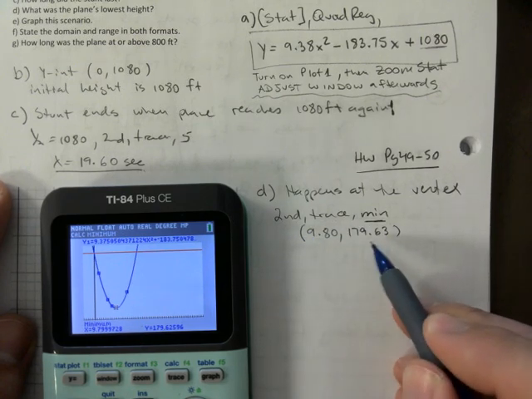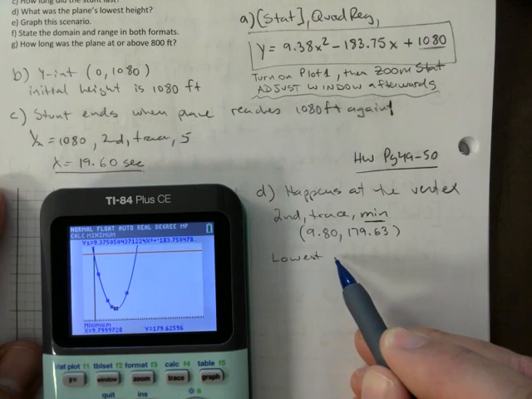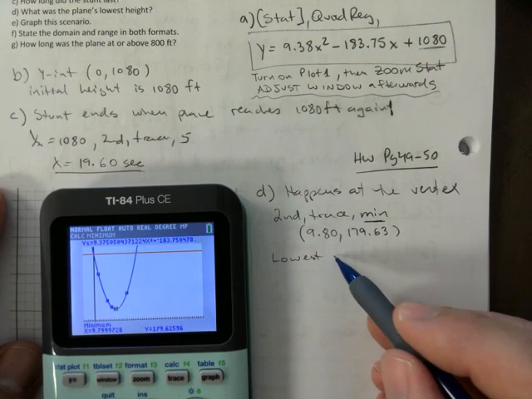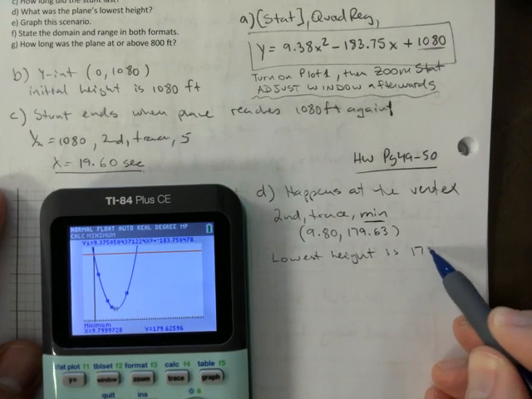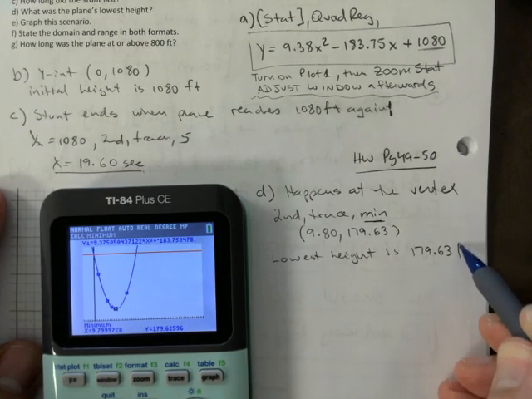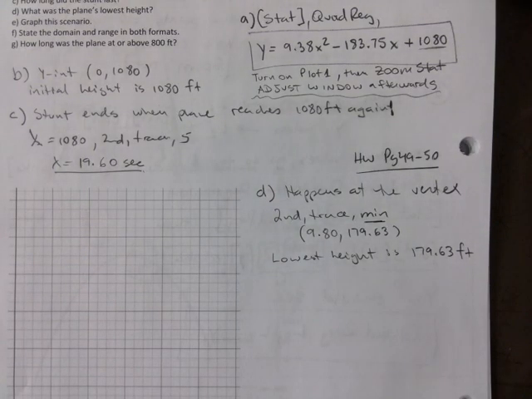So that's the vertex, right? Lowest height, lowest altitude, or does it say height? It says height, so we'll just stick with that. Is 179.63 feet. That's how low it goes. It's going to be above the ground. There.